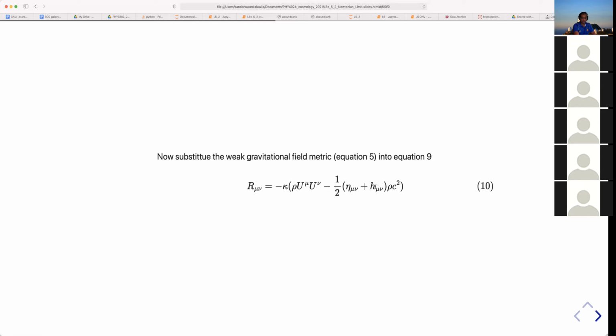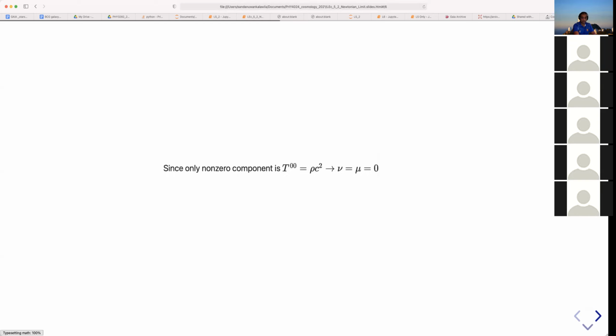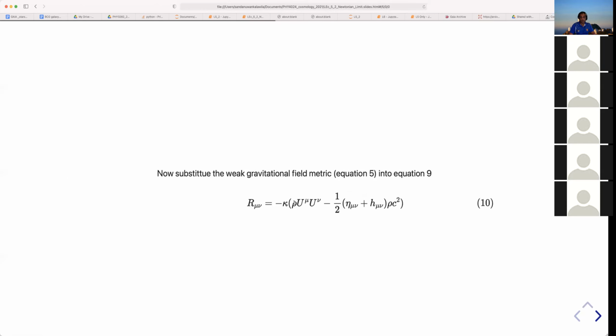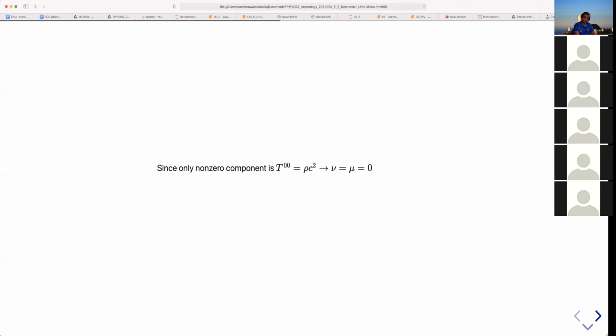And then the other thing is, now for this component right here, where I applied T mu nu, which is equal to rho times U mu U nu, we have to calculate this, right? But the good thing here is what we know is there is only one non-zero component in the T mu nu matrix. So that is T00, right?